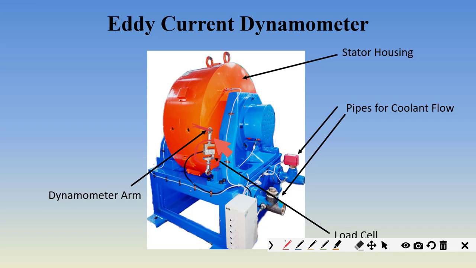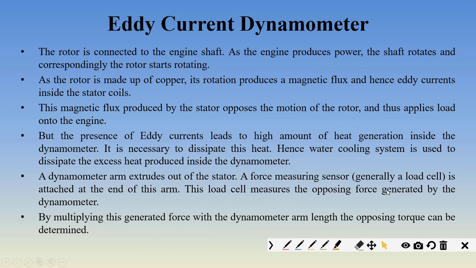What is the function of the load cell? Whatever force is acting on it is measured by the load cell. The load cell deflects because of the force acting on it, and you can measure that force. So this is how your eddy current dynamometer works.